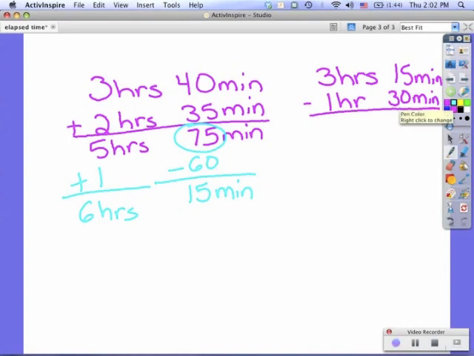You borrow 60 from the 3 hours and make it 2, and then bring your 60 over to the 15. Okay, so I'm going to borrow 1 hour, and I'm going to change that 1 hour into minutes. And when I change an hour into minutes, I have 60 minutes, and I add it to the 15, and that would make it 75. 75 minus 30 is 45 minutes. Don't ever forget your labels. And then we are left with 1 hour.